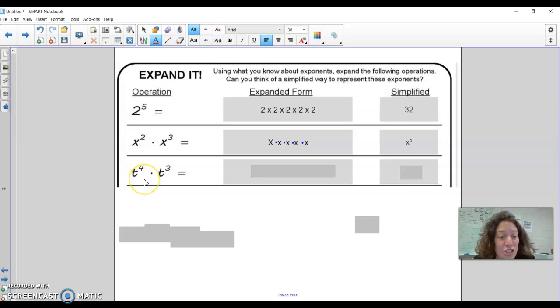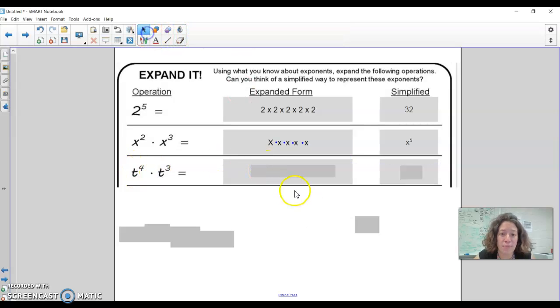This next problem is just like the one we just did. With this one, right here I have 4 t's, 4 copies, and that's going to multiply with 3 t's. So everything's multiplying. Let's check this out. I have t, there's going to be 4 of them.